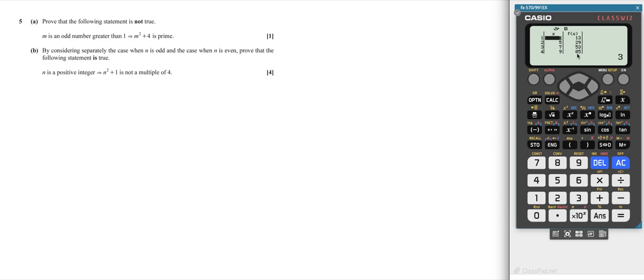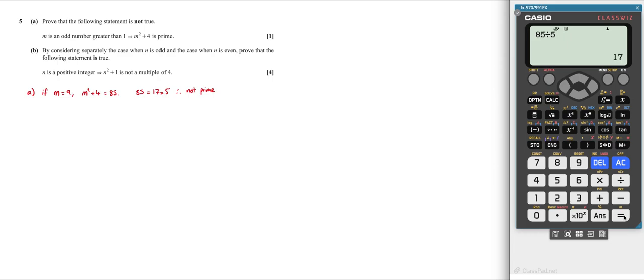So therefore, let's write something along the lines of: if m equals 9, m squared plus 4 equals 85. 85 is, what is that? 5 times, let's just double check that, because 85 divided by 5 is 17. Therefore, not prime.